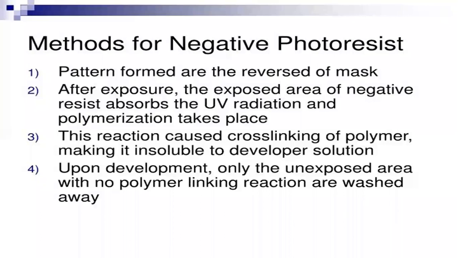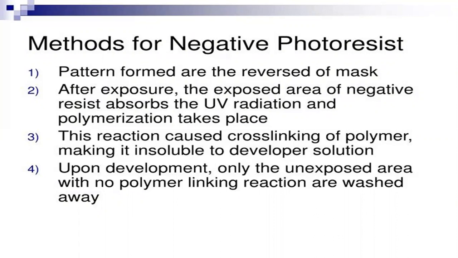I'm making a pattern. In stereolithography operations, I'm making a pattern, I'm making a product. So that is the cross-linking product. So I am using this type of negative photoresist compared to the positive photoresist.